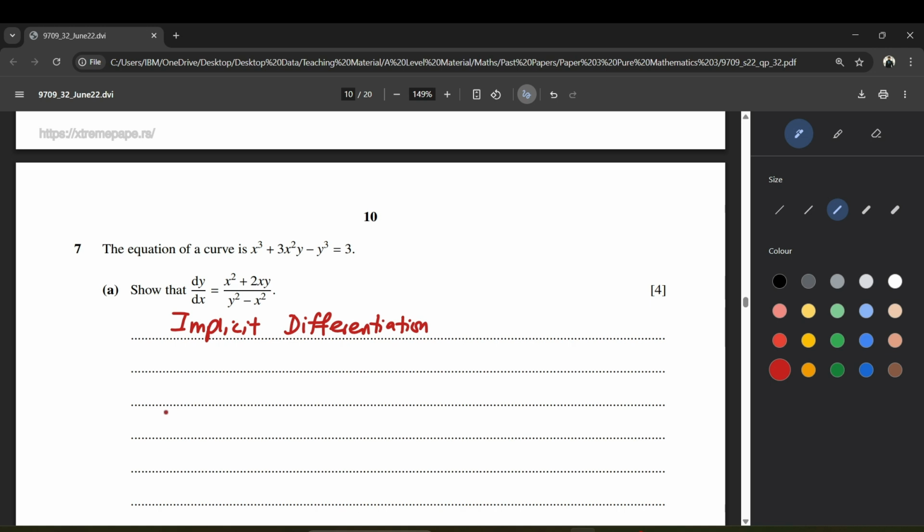First of all, we have x cubed plus 3x squared y minus y cubed equals 3. For this particular part, we have to use the product rule.